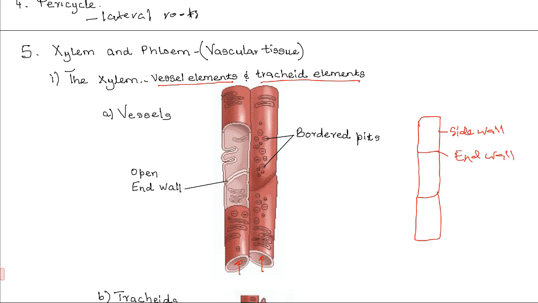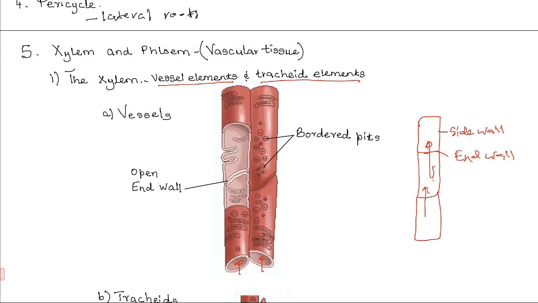Now, in both vessel and trachea elements, the end walls are either partially or completely broken down to allow for free passage of water and mineral salts from one element to the other. So these end walls will either be completely broken down or will be partially broken down to allow for the free movement of water and mineral salts from one element to the next.